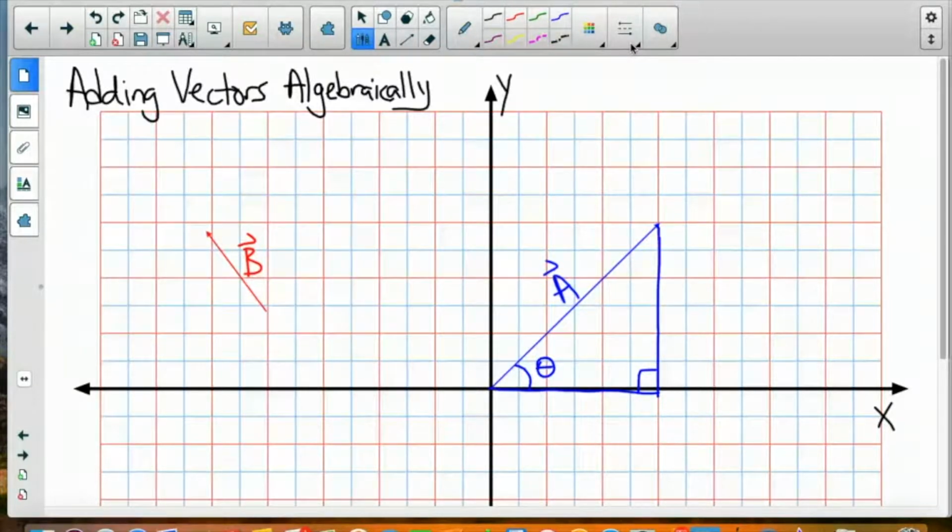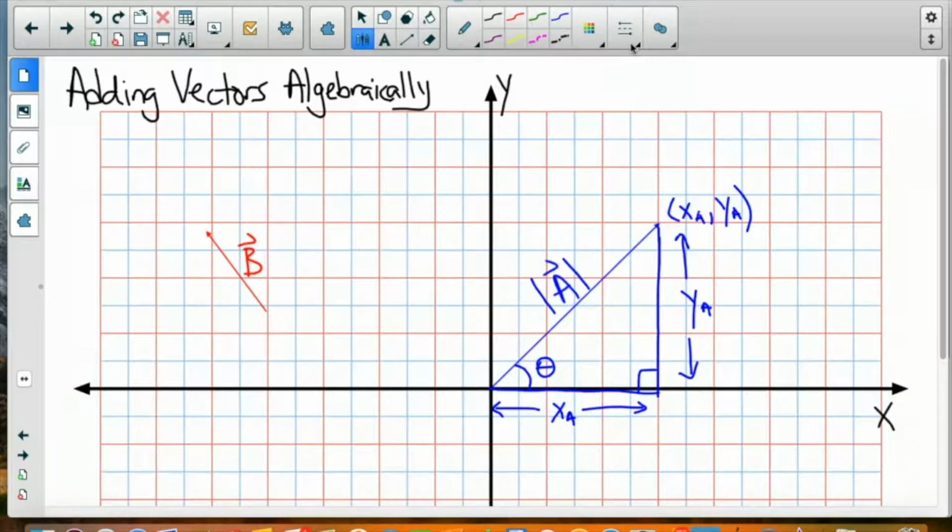The hypotenuse is the length of the vector A. If this point here is XA, YA, then this adjacent side is XA long, and this opposite side is YA long.